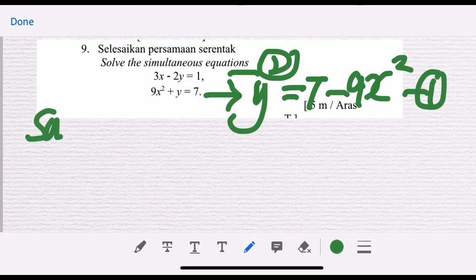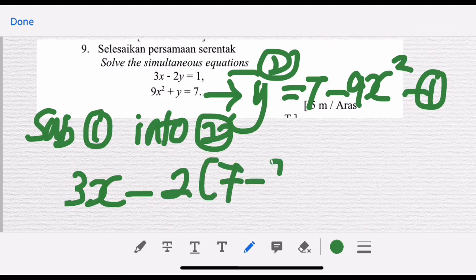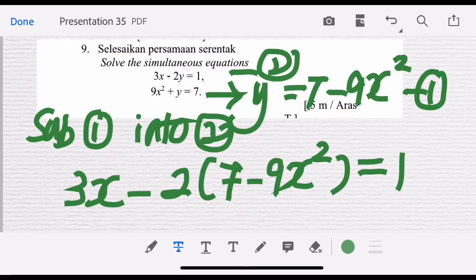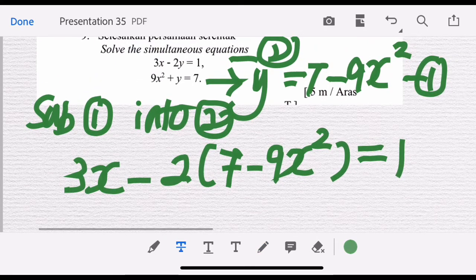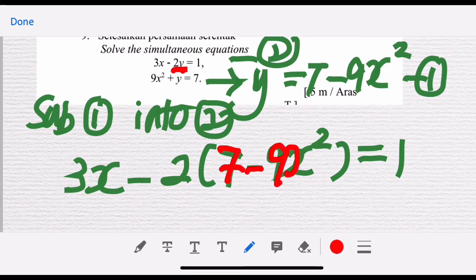So now I sub 1 into 2. You can substitute the non-linear into the linear, but always study which way you can go faster. Study first, don't go so fast. So I'm going to substitute the y with 7 minus 9x squared, right?